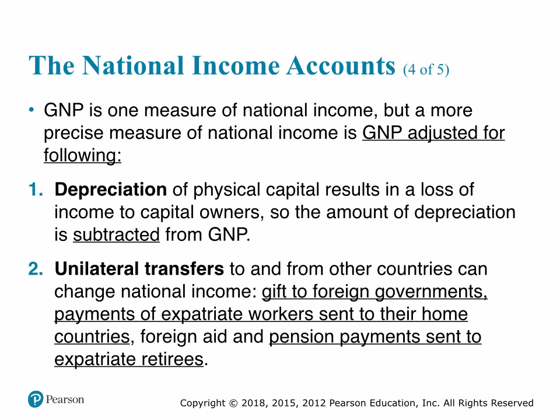To have a better understanding of national income, gross national product, meaning GNP, must be adjusted for the following factors. The first one is depreciation. What is depreciation? Depreciation is a term that we use to describe the reduction of the value of an asset.